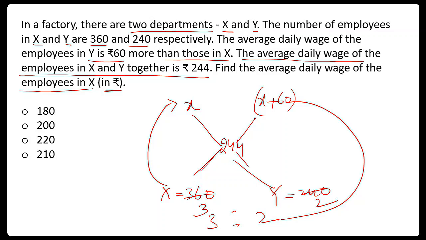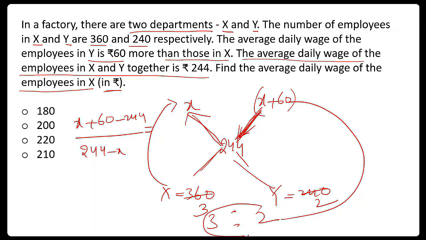Okay, so now on diagonal subtraction, this is x plus 60 minus 244. I'm subtracting in this way, right? Whereas here 244 minus x, this is equal to 3 by 2.